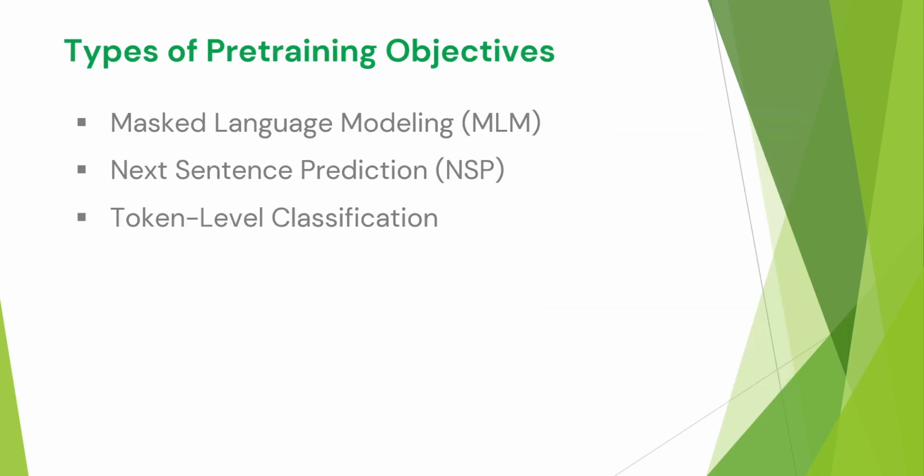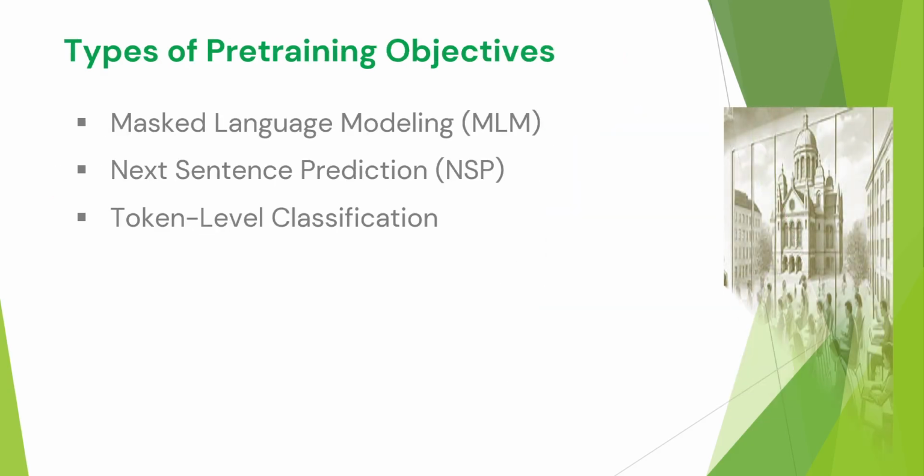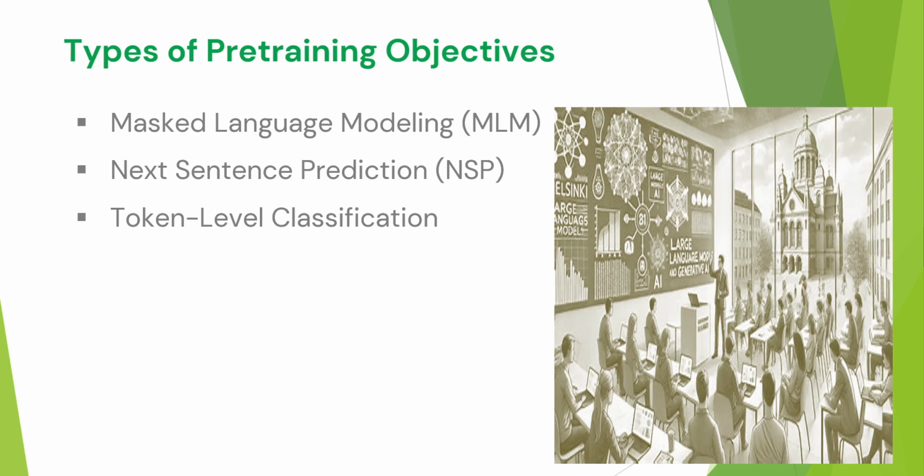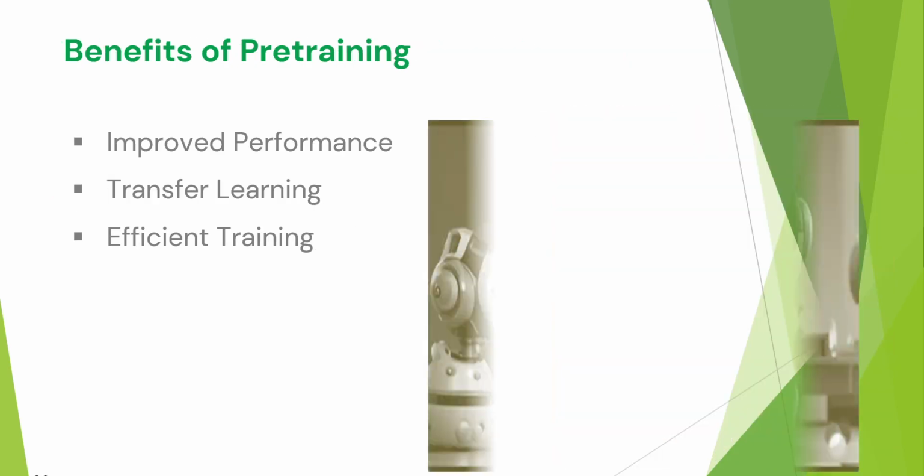Now there are several pre-training objectives like masked language modeling, where it predicts the original token that was replaced with mask. Next sentence prediction means predicting whether two sentences are adjacent in the original text. Token level classification means predicting the part of speech tag or the named entity recognition label for the given tokens.